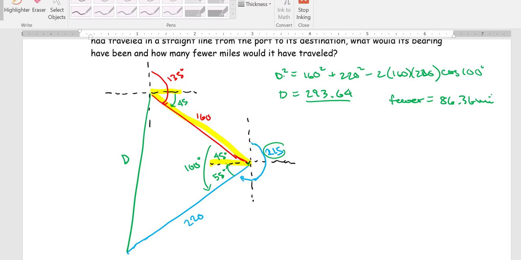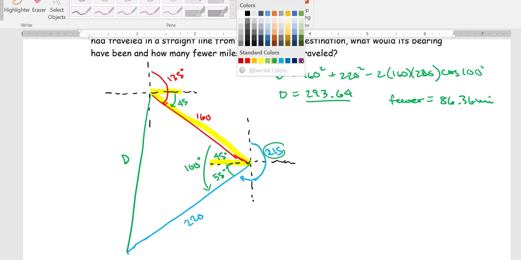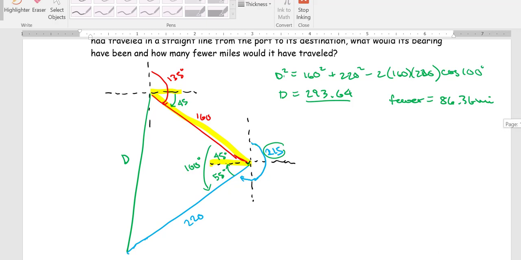And I'm supposed to find the course bearing that I would have traveled had I gone directly. So I'm supposed to find this right here. Since I know all three sides, I need to find this angle right there. We'll call it theta.